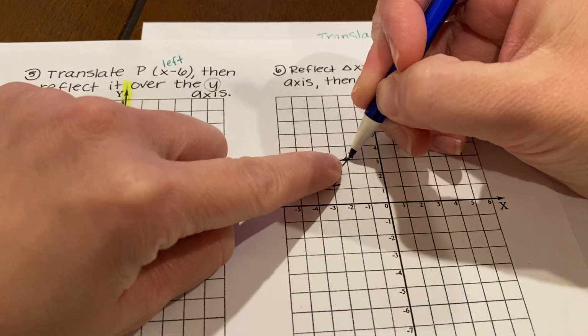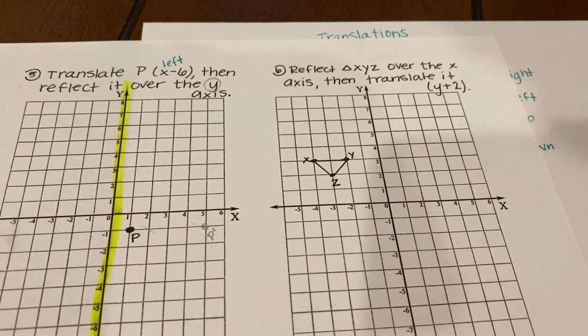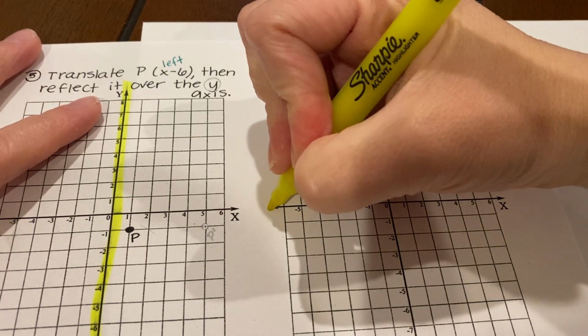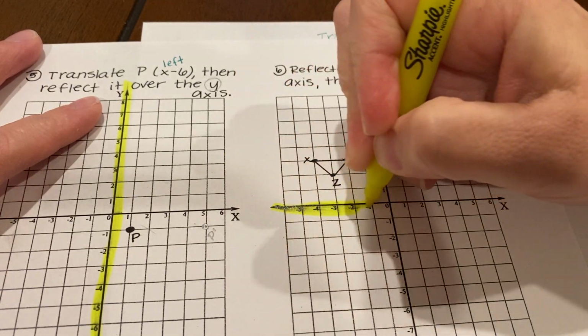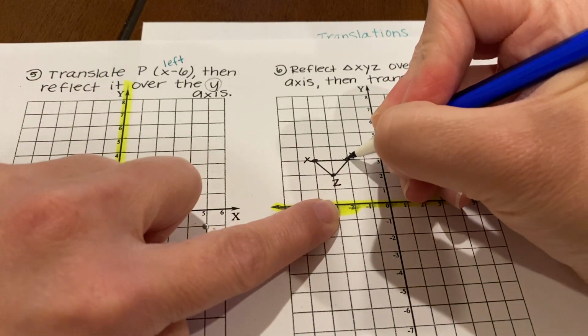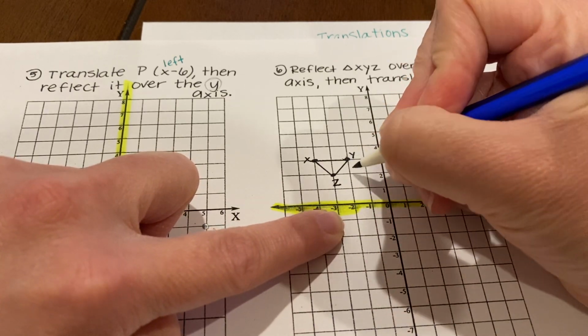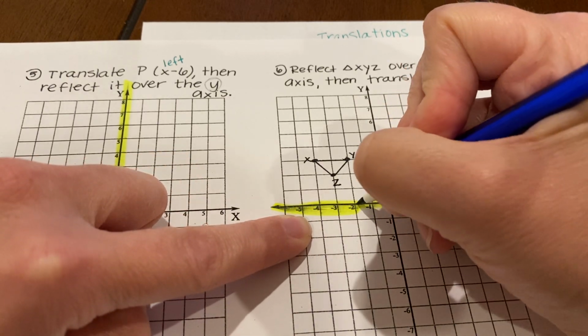Okay, so point Y right here is 2 away because we're reflecting. It would help if I had the right axis. Over the x-axis. Okay, so here's point Y, and it's not 2 away because we're talking about the x-axis, so it's actually 1, 2, 3 away.